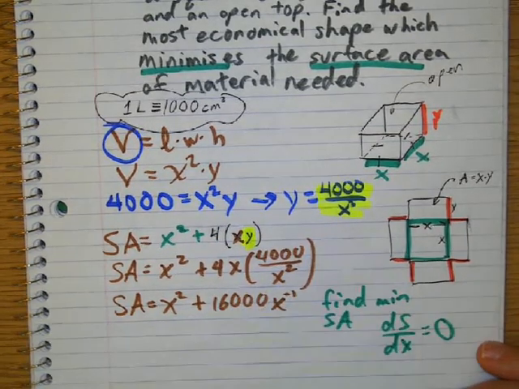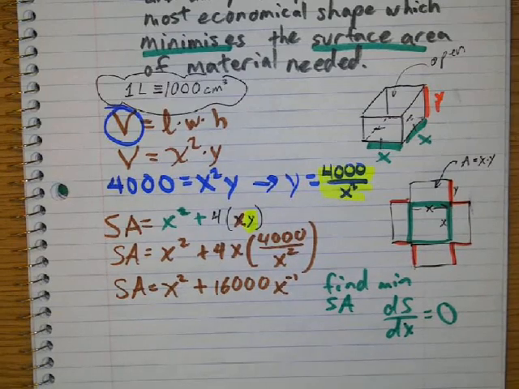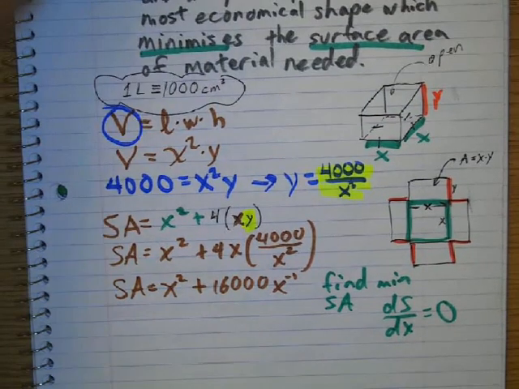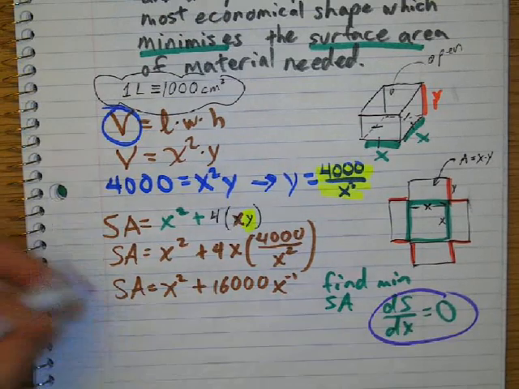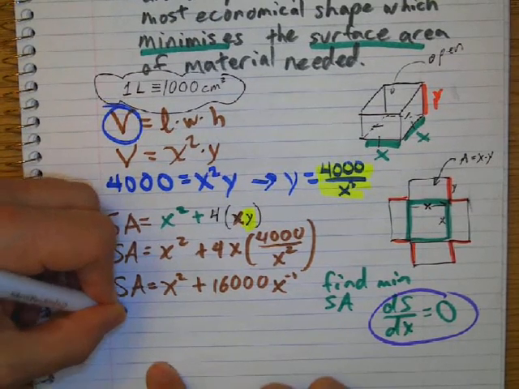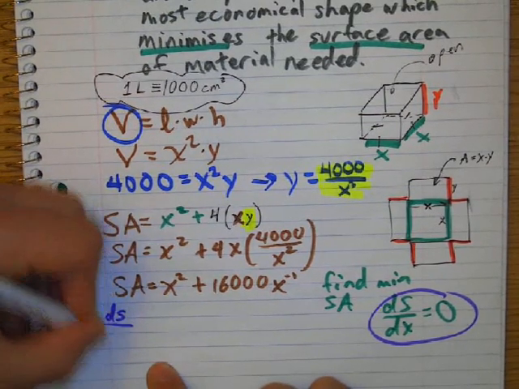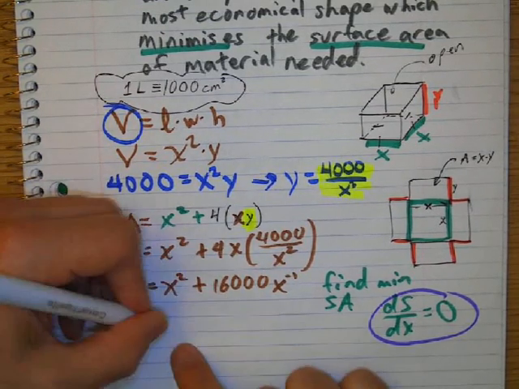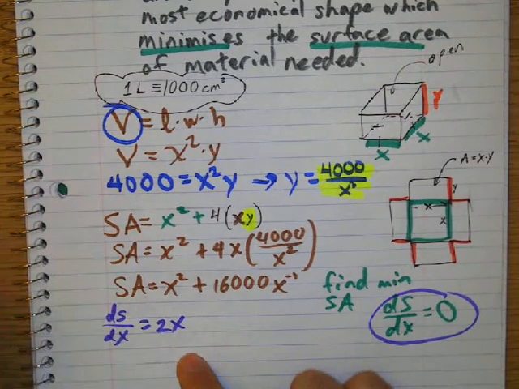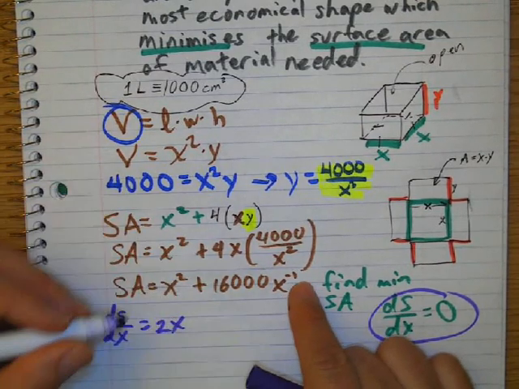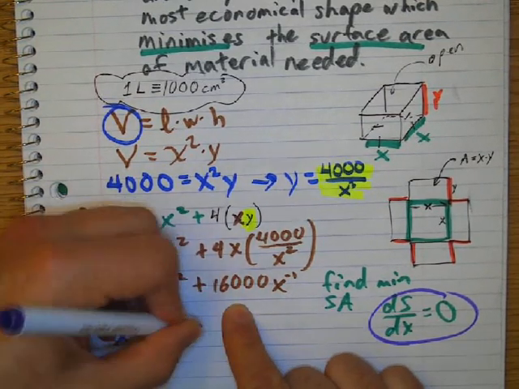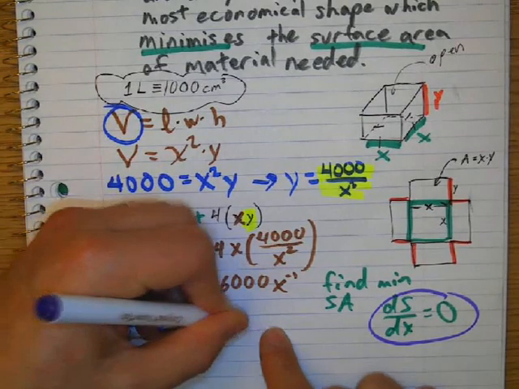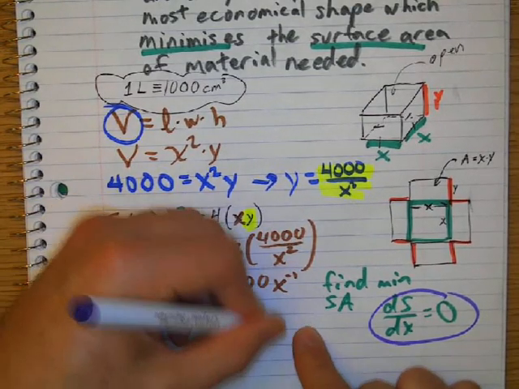So let's find the derivative. ds/dx is equal to 2x. The power gets multiplied by that, so negative 16,000 times x to the negative 2.